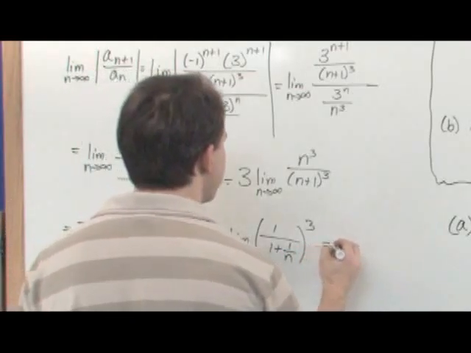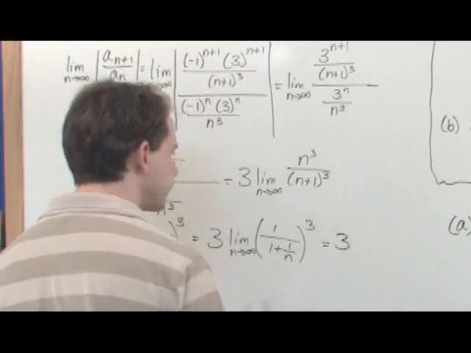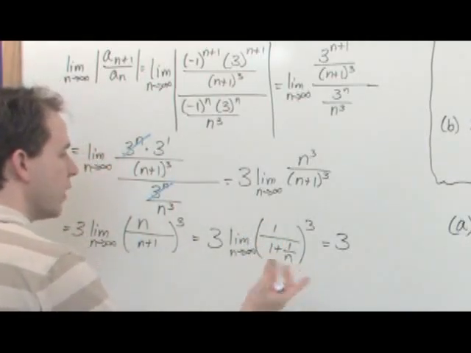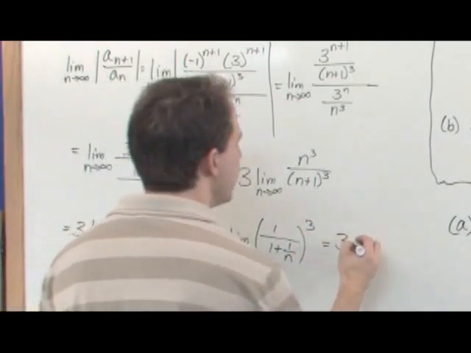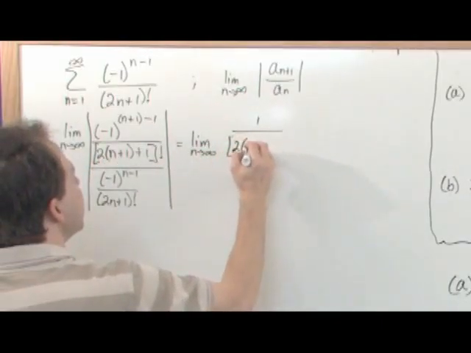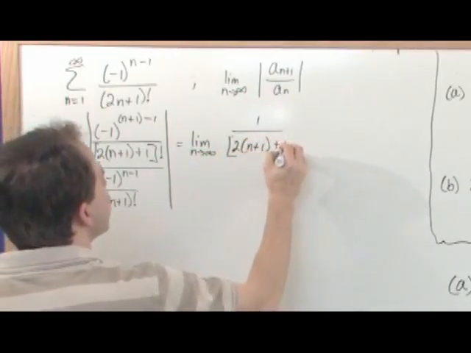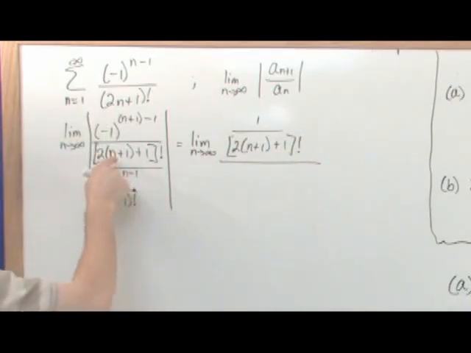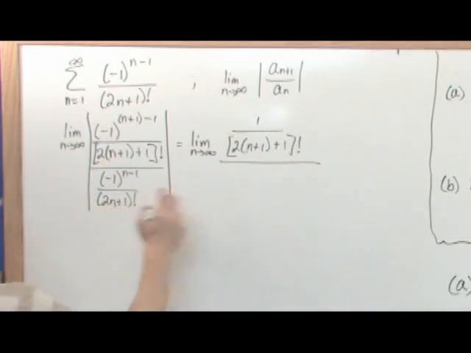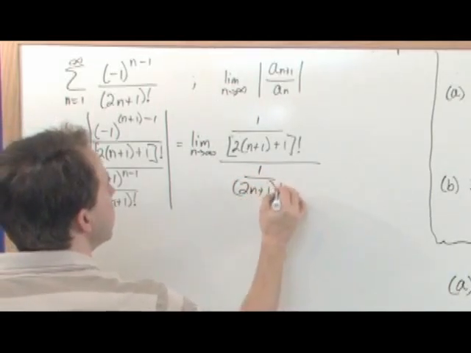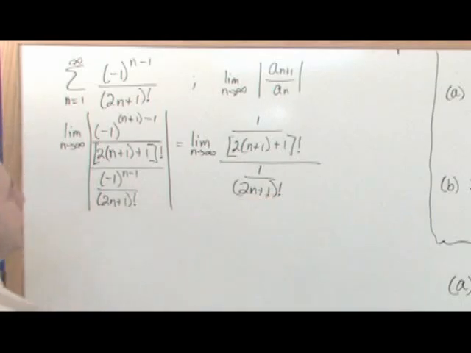So what you're going to have is 3, and you're going to have the limit of 1. All you're going to have is 1 over 1 is 1. 1 cubed, you're going to have 1. So you're going to have 2 times n plus 1 plus 1 factorial over, and you're just going to have what you have here on the bottom, 1 over 2n plus 1 factorial. So it looks a little bit better. I mean, it still looks ugly with all these factorials running around, okay?